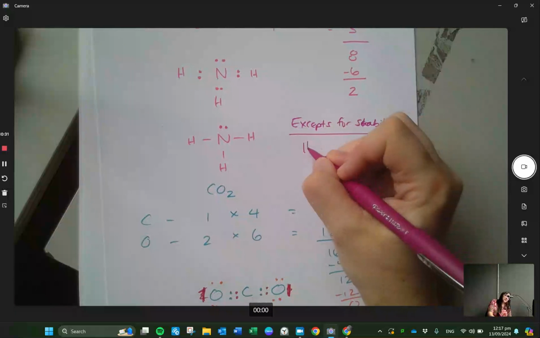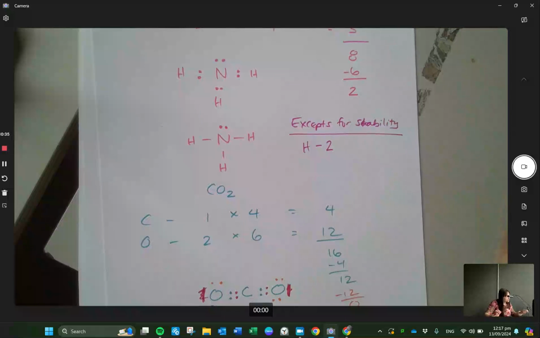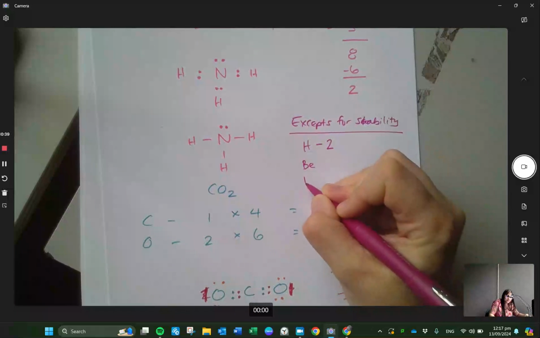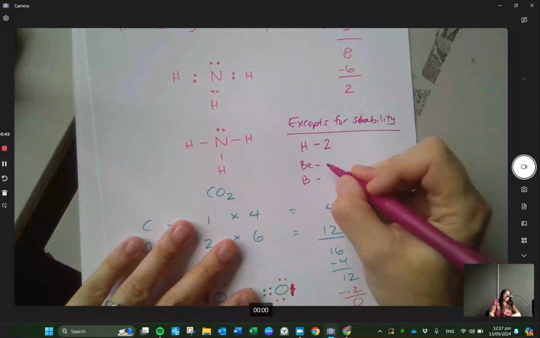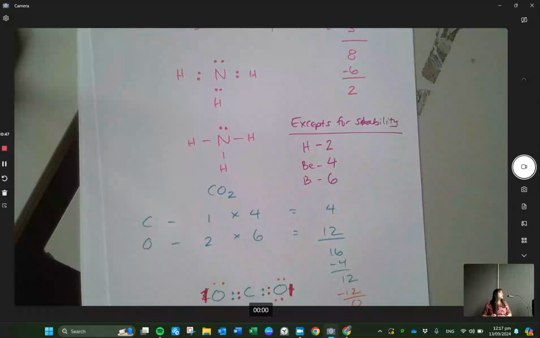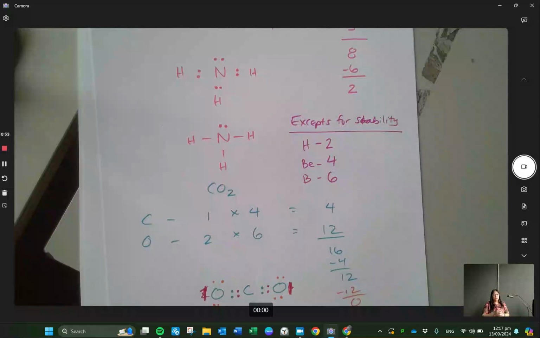The exceptions to that are hydrogen, which is happy with 2, and also beryllium and boron. They go in order of the periodic table, so that's why I was checking that. Beryllium is stable with 4 electrons, and boron is stable with 6. So you don't have to fill the shell to 8 for these. That's basically what that's talking about. It's unlikely they're going to ask that this year, but potentially they could because it happens.